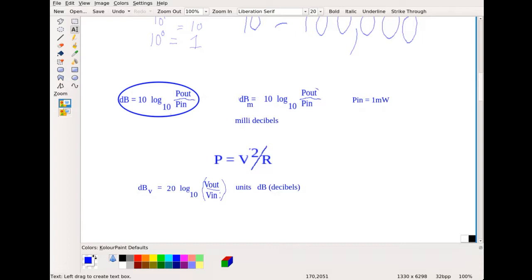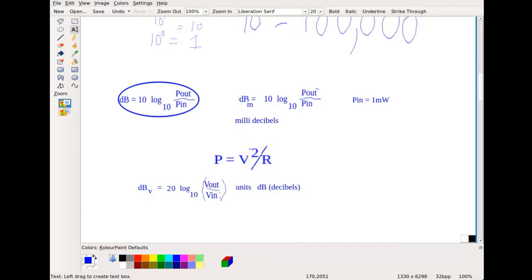That's why he started off the chapter with logs and then talks about all this decibel stuff, because decibels are effectively measuring the amount of power being passed. It's coming in, going through our system, whatever that system is, and coming out, and we're looking at what the power is.